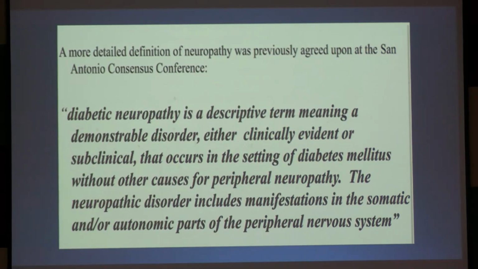Philosophical definition means diabetic neuropathy is a descriptive term meaning a demonstrable disorder, either clinically evident or subclinical, that occurs in the setting of diabetes mellitus without other causes for the neuropathy. These neuropathic disorders include manifestations in the somatic nervous system and/or autonomic nervous system.